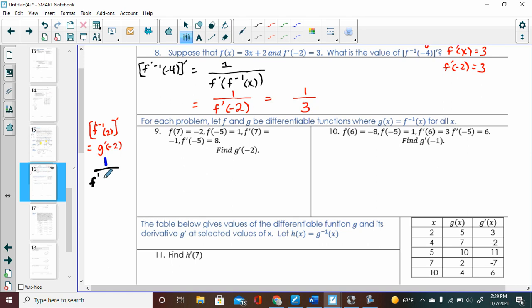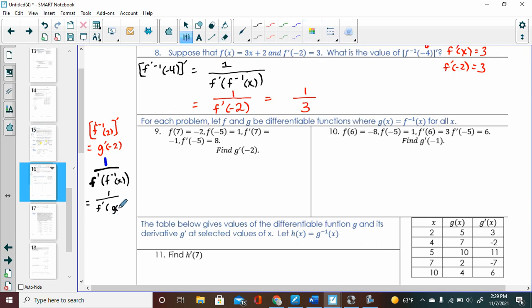F prime of f inverse of x. Okay, so this equals 1 over that. I'm not sure which one's the best approach here, so I'm just going to go ahead and write g of negative 2. Oh, not prime, because that's just the inverse. It's just the inverse.